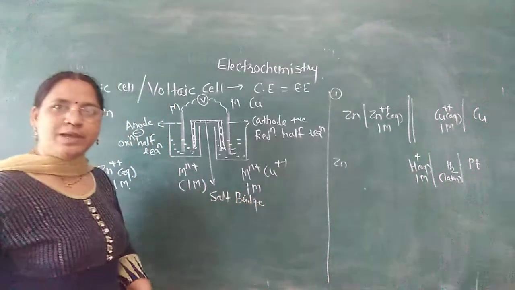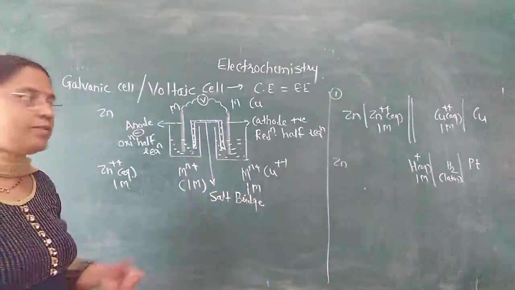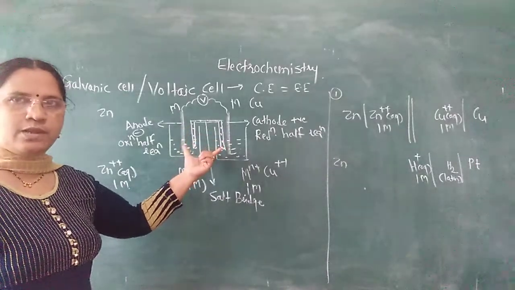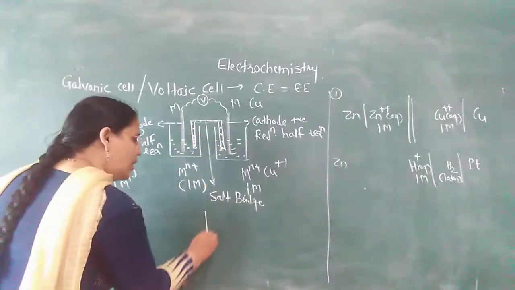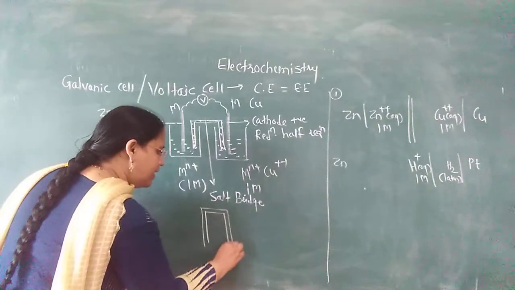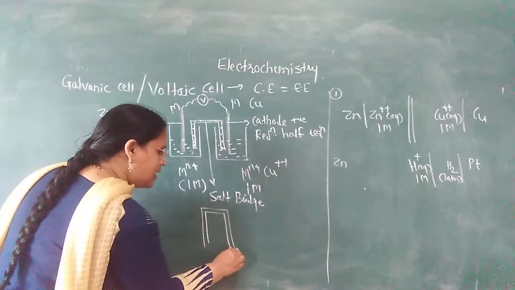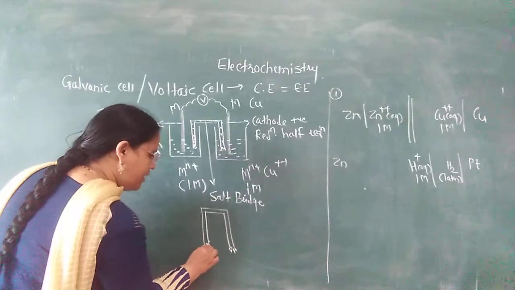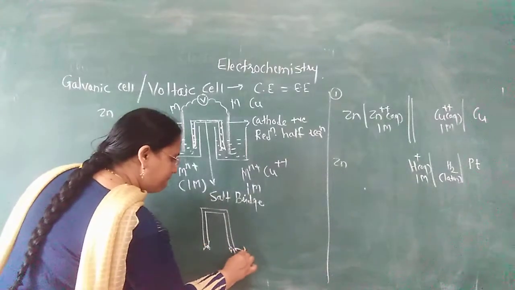What is a salt bridge? May I repeat again? What is the function of a salt bridge? It connects these two half cells. So what is a salt bridge? An inverted U-shaped glass tube whose ends are closed by using glass wool.